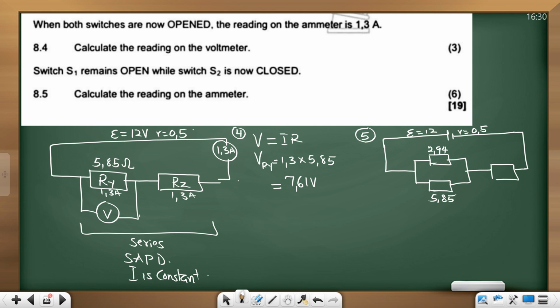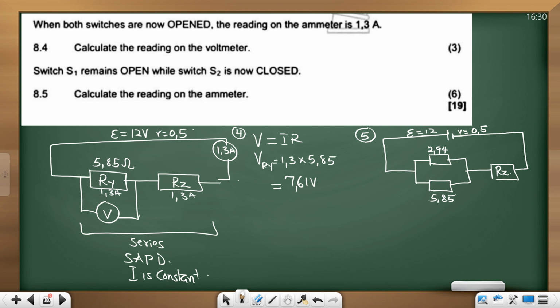Now, we are told that, so how do we calculate current? Bearing in mind that we do not know RZ. But I think we can get RZ though from the previous question. Because, okay, let's see if we don't have RZ. Let's see if we can work without, because that's been lazy now. Let's see if we can work.